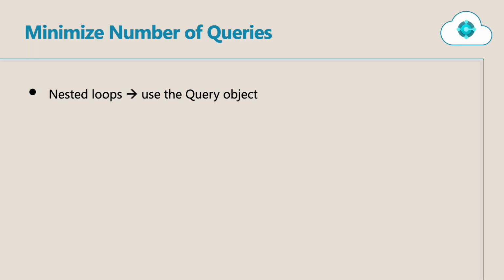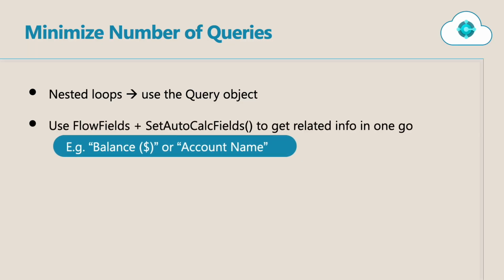Exactly. And that's where we can use queries, because they can combine the loops, if you will, and do summarizations and all sorts of good things for us. The other thing is we can use flow fields, which is also kind of old-fashioned and has been around for a long time.